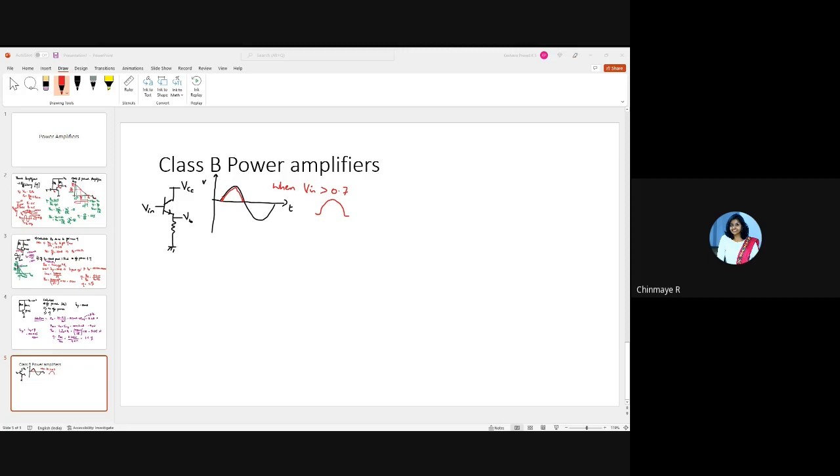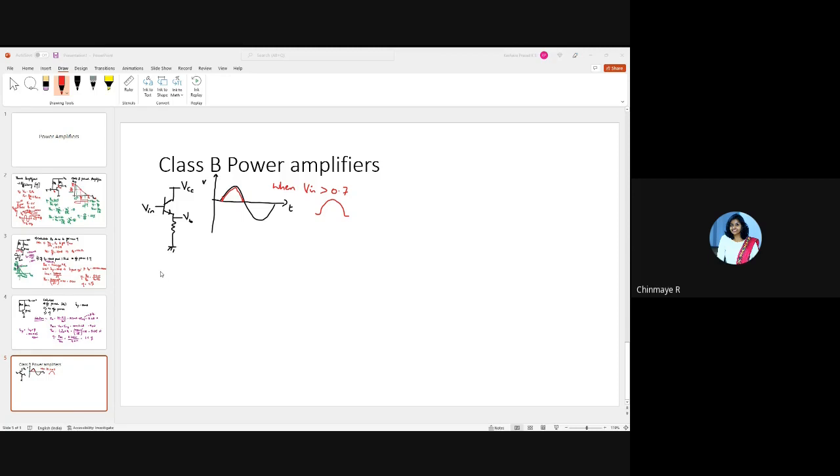So if I want to build a circuit so that it works for the negative half cycle also, how do you think it should look? For the negative half cycle, we need to use a PNP transistor. Exactly.